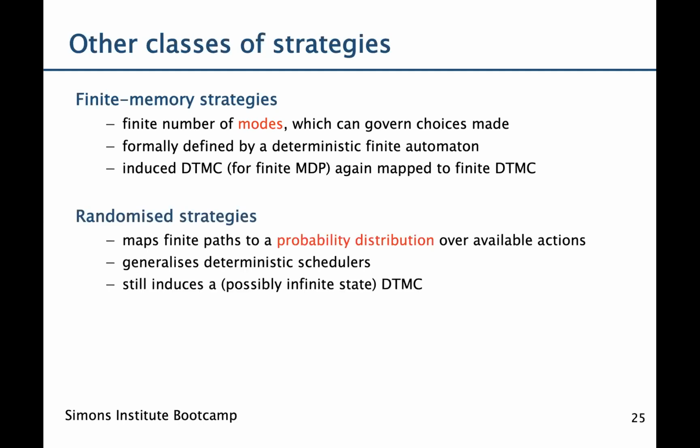We also have randomized strategies. Here it maps a finite path to a probability distribution over the available actions, and these generalize the deterministic ones that I've introduced so far, and these will still induce a possibly infinite state DTMC.